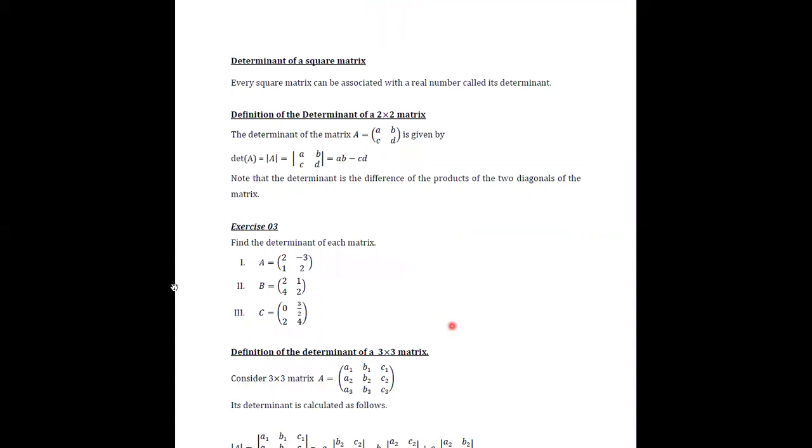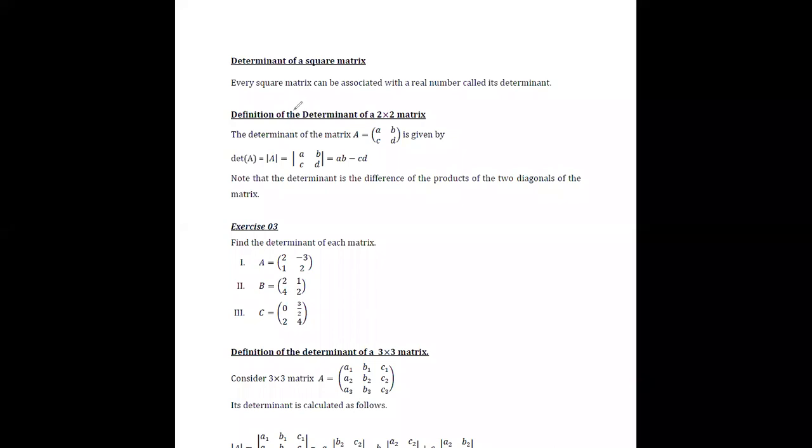Generally, a determinant is defined for a square matrix. The determinant of a matrix is a number which is associated with that matrix.